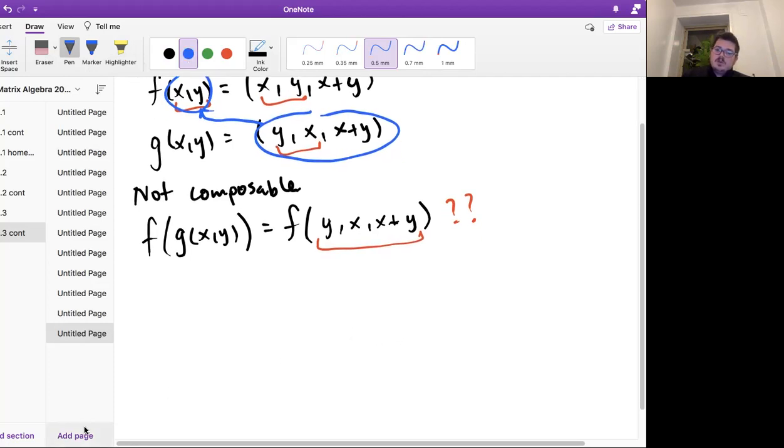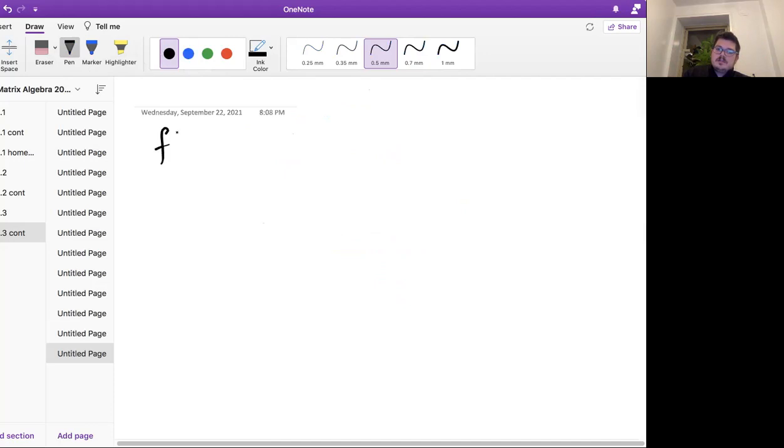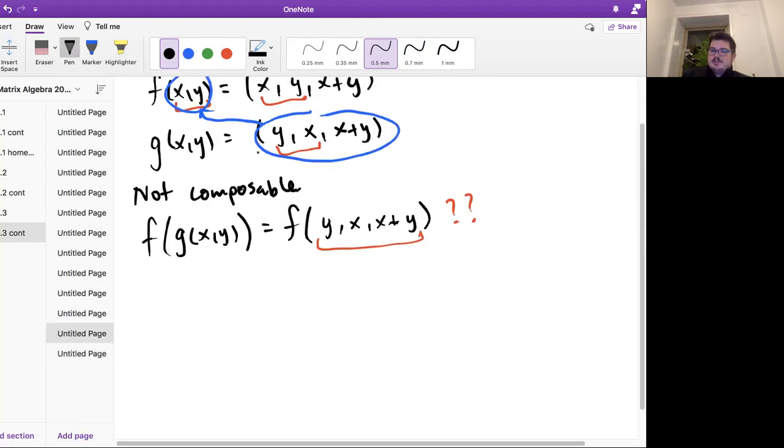So let's do one that would work. It also would not work for G of F, right? Because it's the same problem.